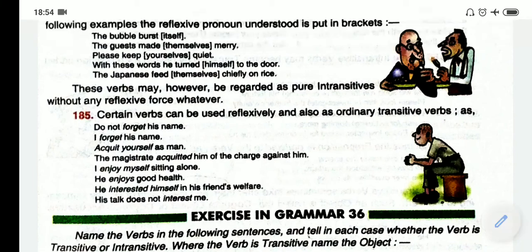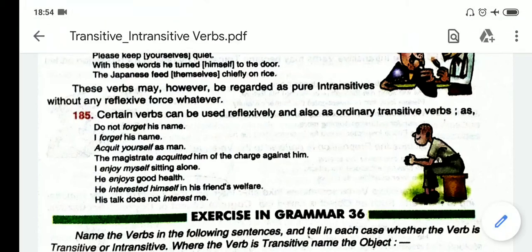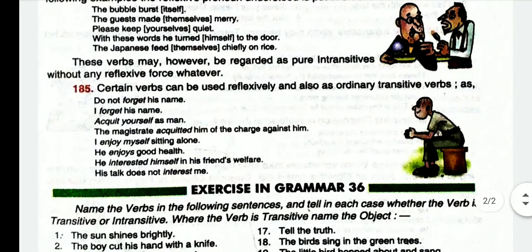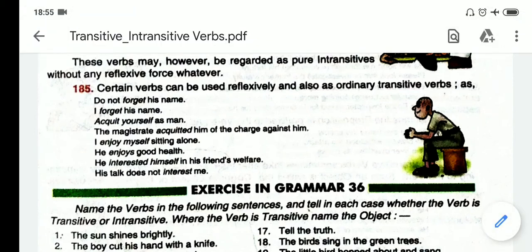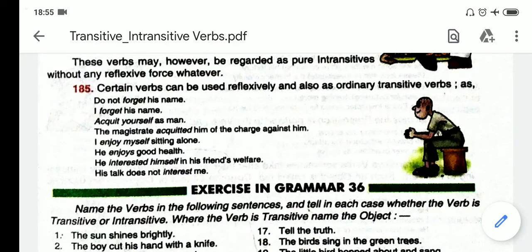He enjoys good health. In this case, enjoys is used transitively because there is a subject and there is an object, and the subject and object are different. So I will do the last one as well. He interested himself in the friend's welfare. In this case, interested is used reflexively because the subject and the object are the same people.